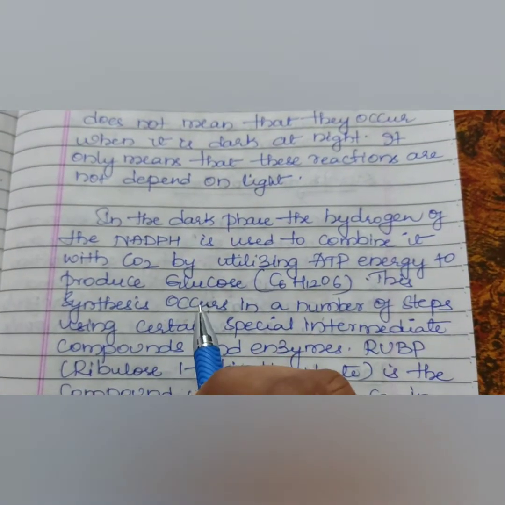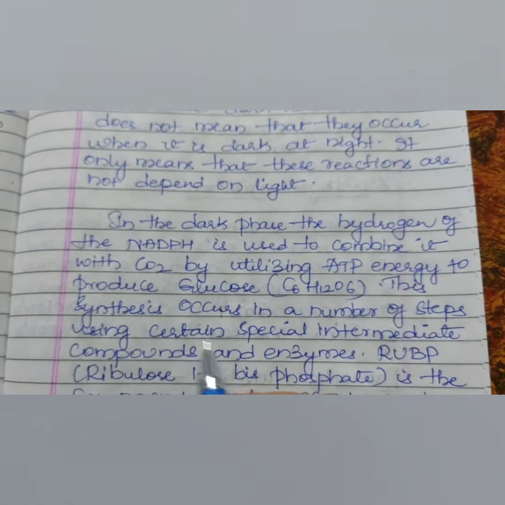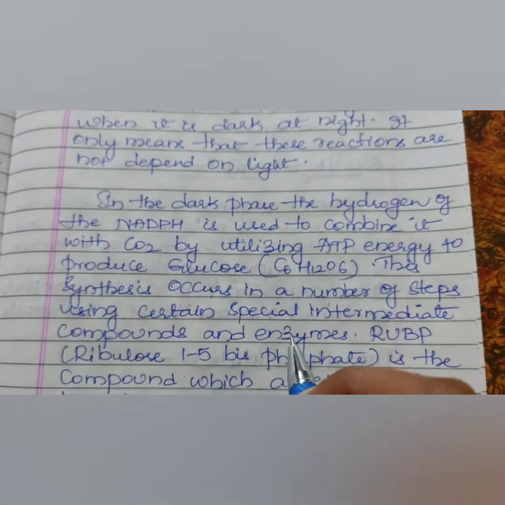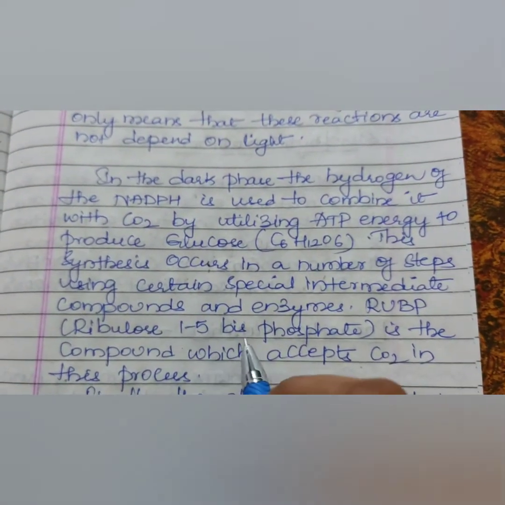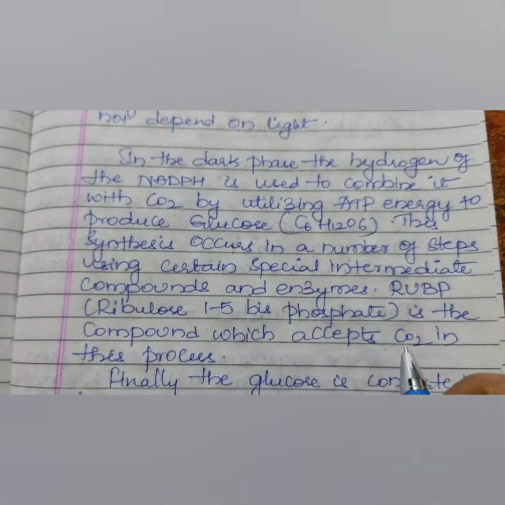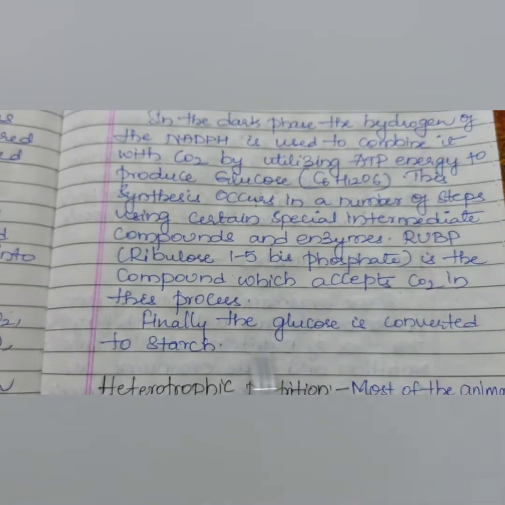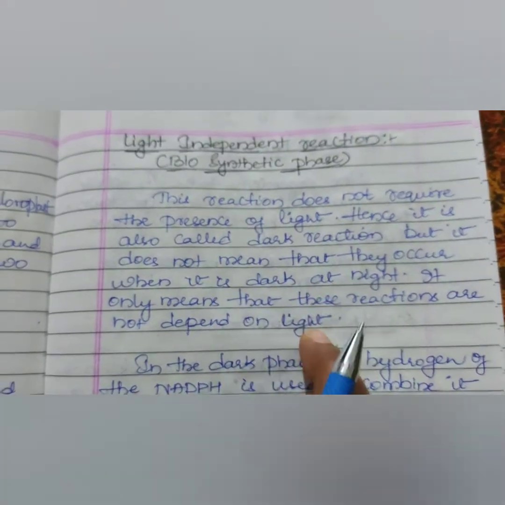This synthesis occurs in a number of steps using certain special intermediate compounds and enzymes. Here RuBP, ribulose 1,5-bisphosphate, is a compound which accepts carbon dioxide in this process. Finally, the glucose is converted to starch. So this is all about the dark reaction or biosynthetic phase.